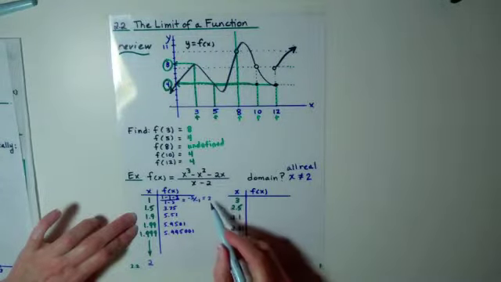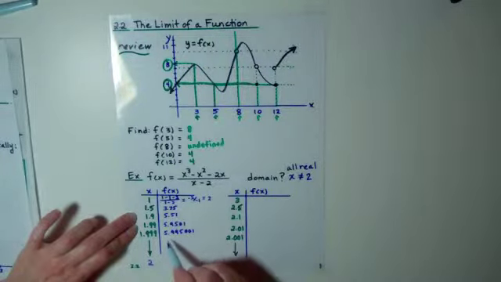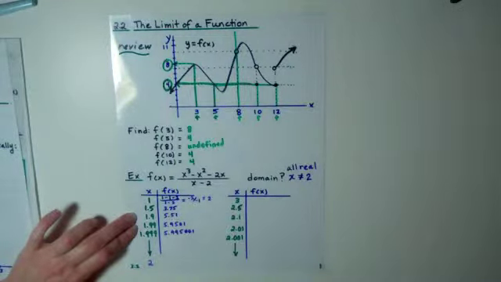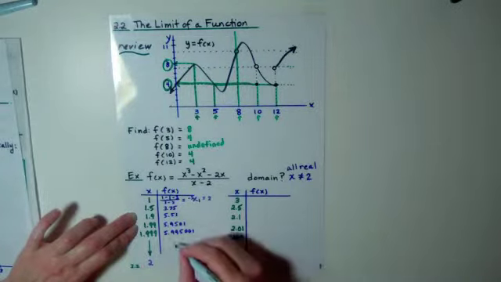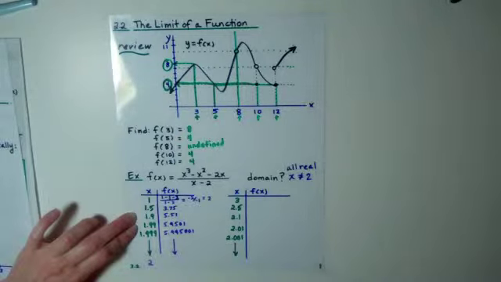Our output values were 2, 3.75, 5.51, 5.9501, and 5.995001. Are those values getting closer and closer to some number? It appears as if these output values are getting closer and closer to 6.